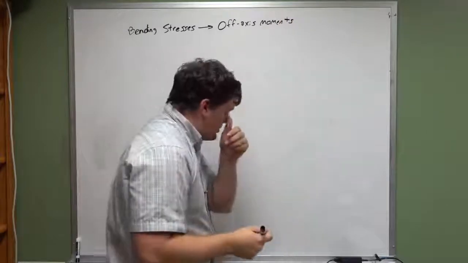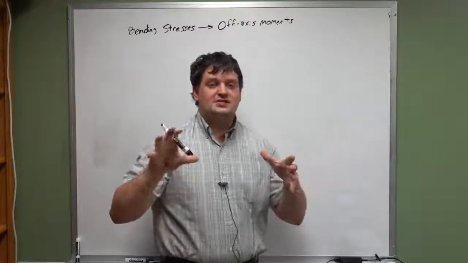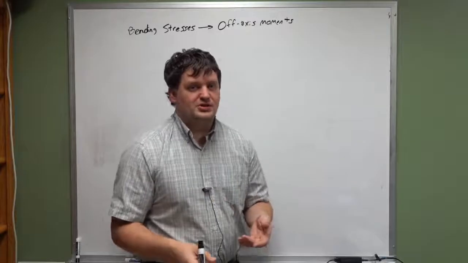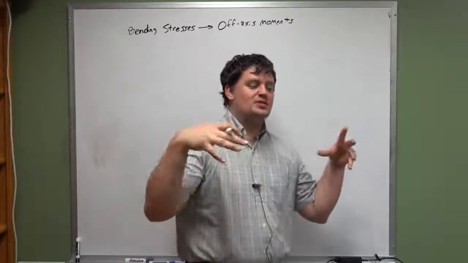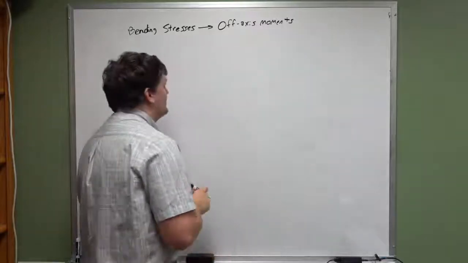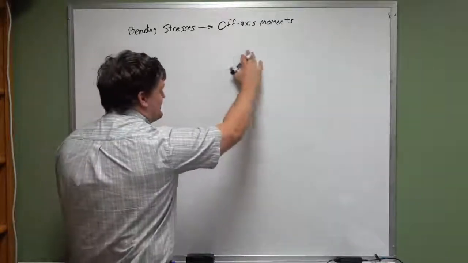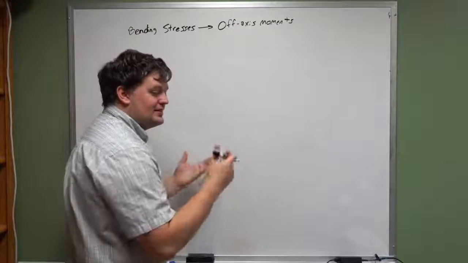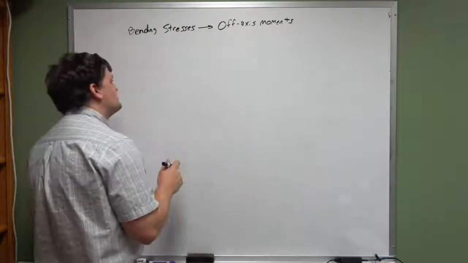Those moments are not acting on the same axis. It's called a bending moment. A torsional moment is when you have a moment acting on the same axis. Here, because it's off axis, you can draw it in the plane perpendicular to the axis of the moment.